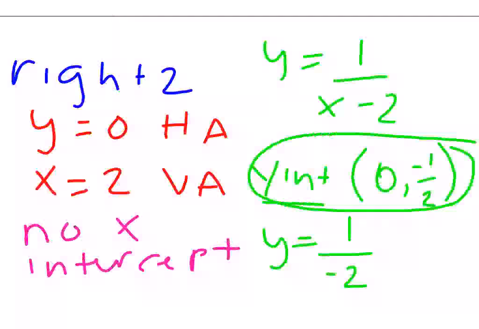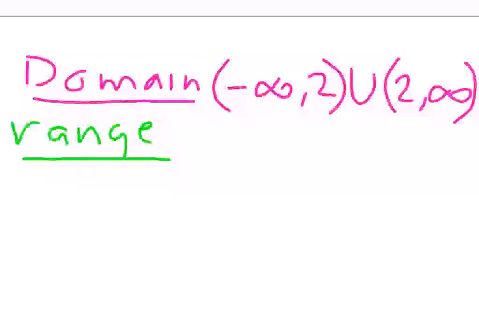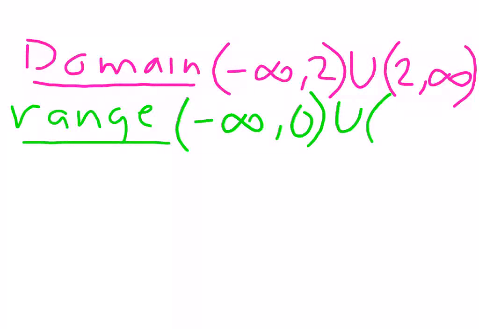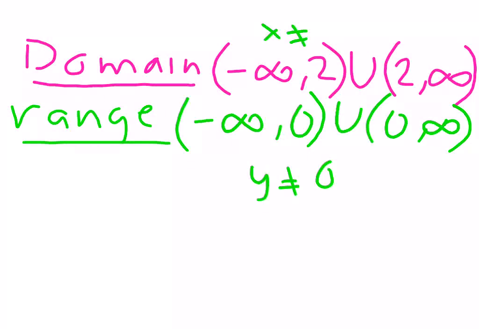We'll express the range similar to how we express the domain: all y values, so everything negative, all the way up until I hit 0, but not including 0, in union with 0 all the way off into infinity. So that's all numbers except for 0, all y values that do not equal 0. That's another way to express it, just as the domain is all x values that do not equal 2.